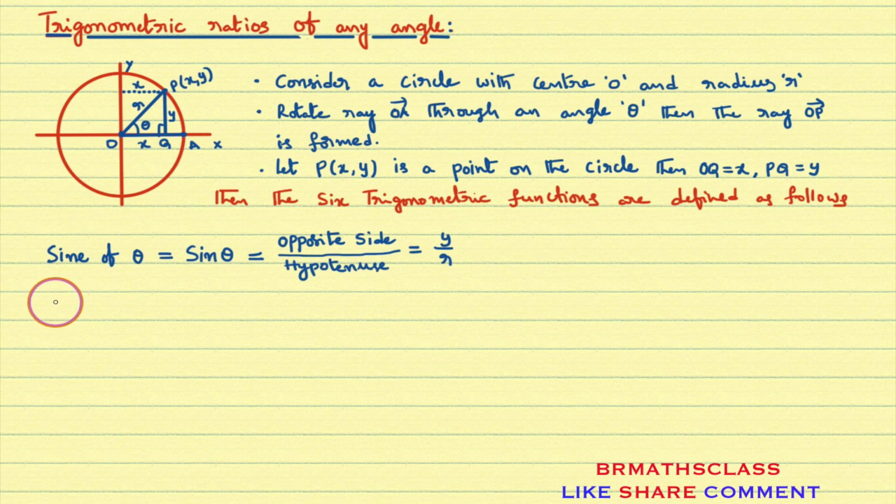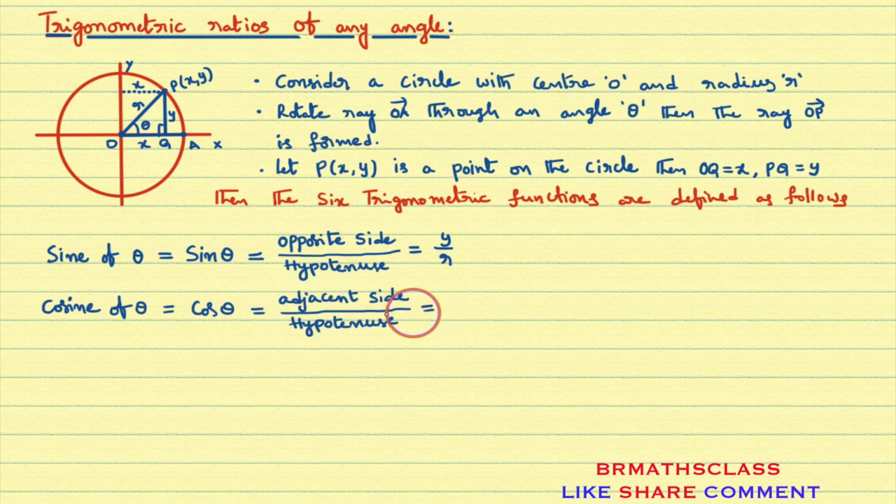Now, cosine of an angle theta. Cosine of an angle theta is denoted by cos theta, and it is defined as adjacent side by hypotenuse. Observe this triangle OPQ. The adjacent side is OQ, which is nothing but x.